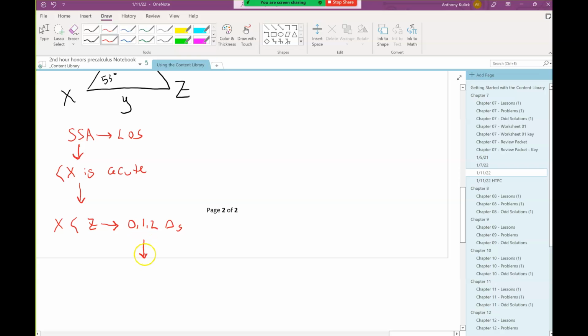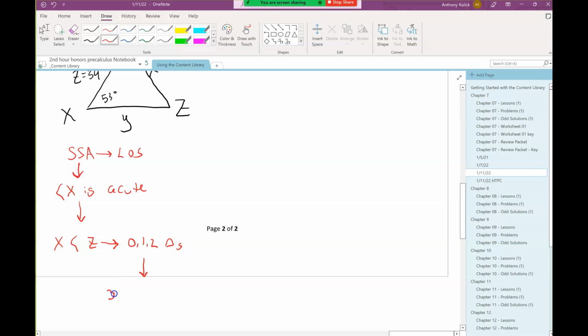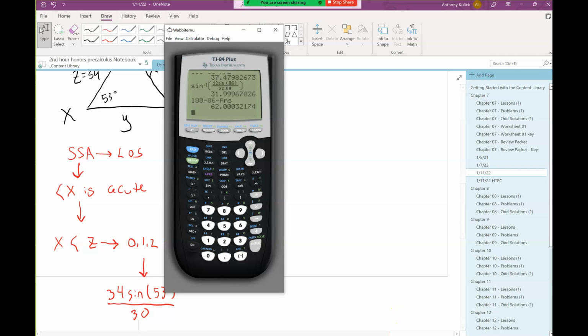The way we check that is we do the longer side times the sine of the given angle, divided by the shorter side. And we're going to analyze that number.